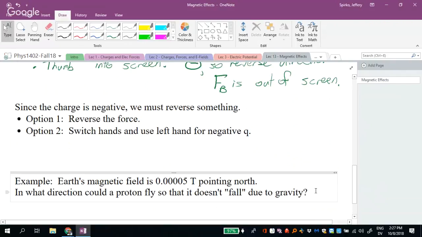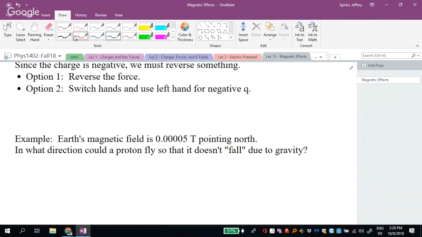So in what direction could we have a proton fly so that it doesn't fall due to gravity? So the first thing to think about is, what are the forces involved? So we're going to have our little plus charge here. And of course, the force of gravity is downwards. So we need the magnetic force to be up. So if you're going to support something against the force of gravity, you need an upward support force.